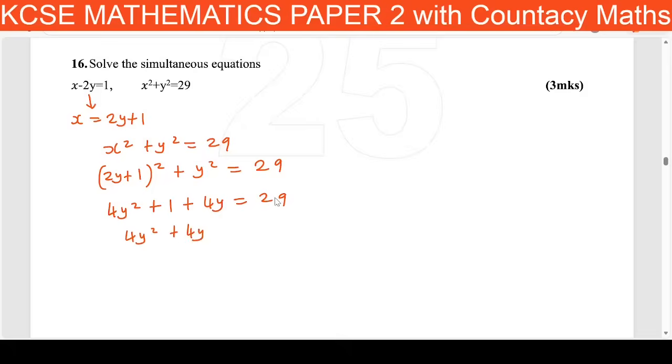Can we pick 29 to the other side? Yeah, we can do that. We have plus 1 minus 29 is equal to 0. We have 4y squared plus 4y minus 28 is equal to 0. Is this number divisible by 4? Yeah, we divide by 4.